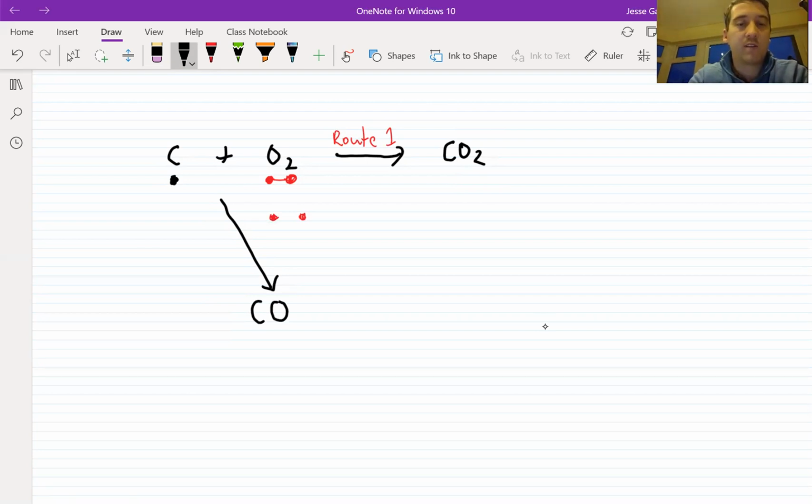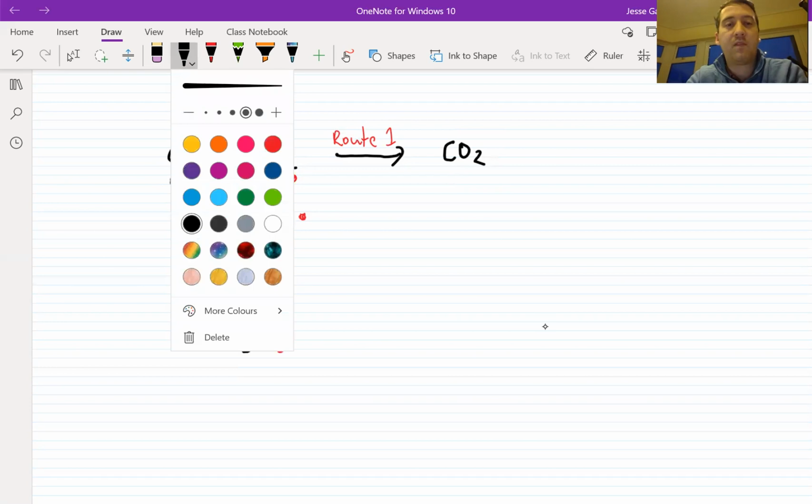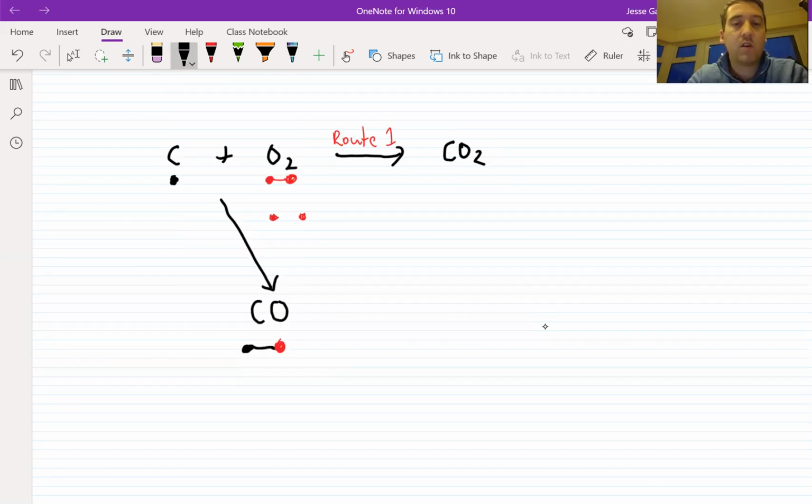So I would then have this 1 carbon atom joined with 1 oxygen atom. And that would leave me with just half of the O2. So I've only got 1 of the atoms of O2 left. So I've got half of an O2. So if this is a full O2, then one of them is a half O2. So I've got CO plus a half O2.